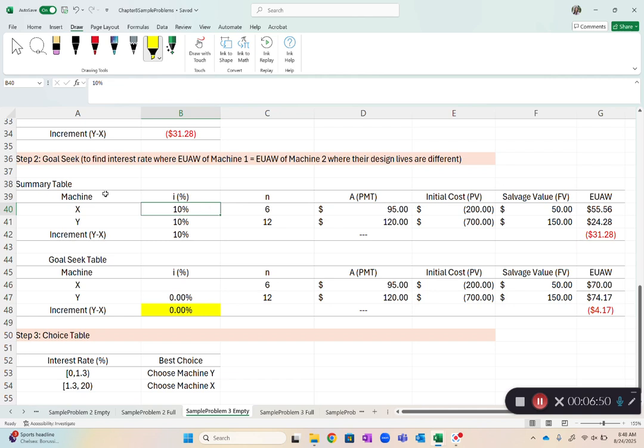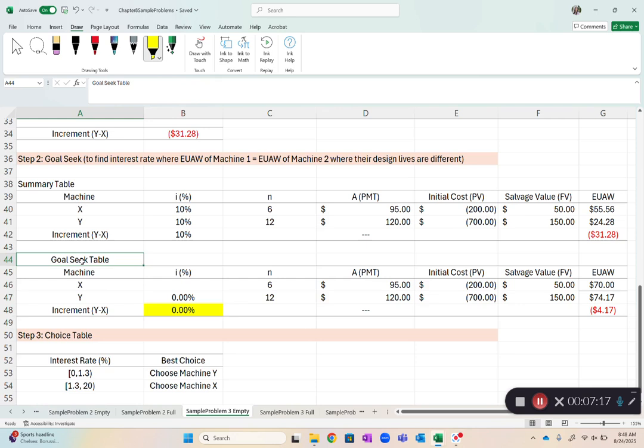So I have columns of machine, interest rate, design life, annual amount, initial cost, salvage value, and equivalent uniform annual worth. Here, I just put my minimum attractive rate of return. And here I just referenced the values above that I got, so I'm not having to solve them again, just to summarize what's going on.